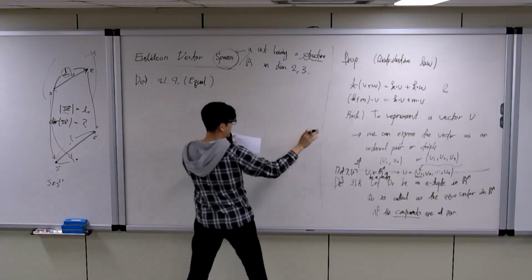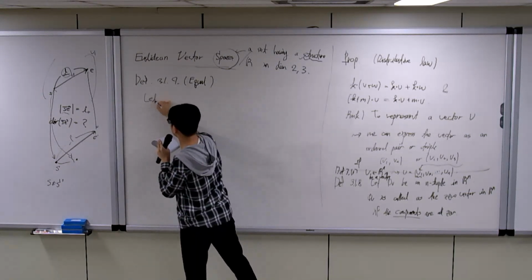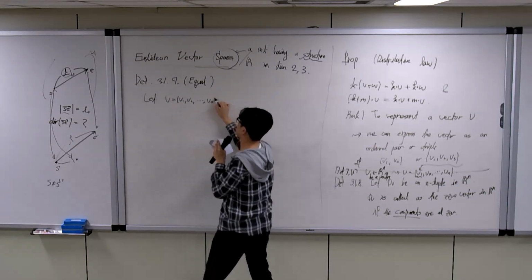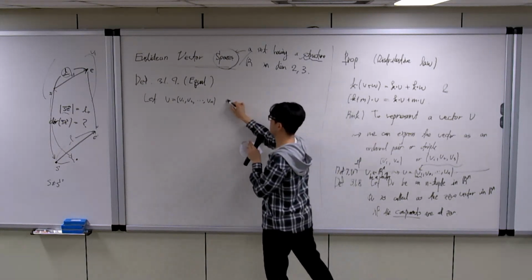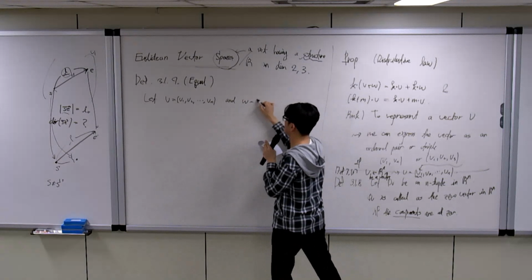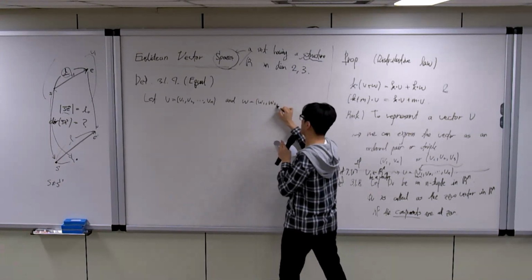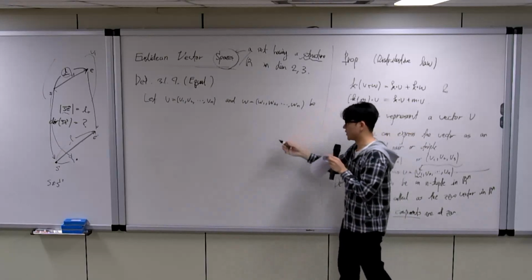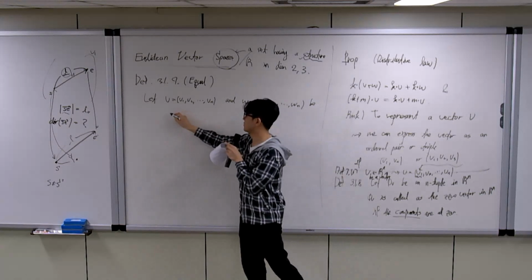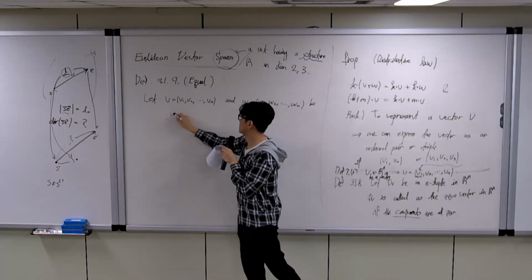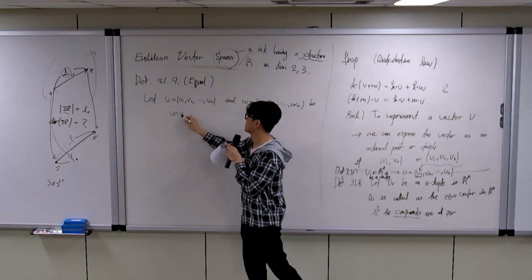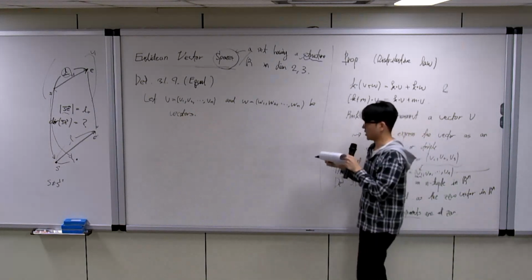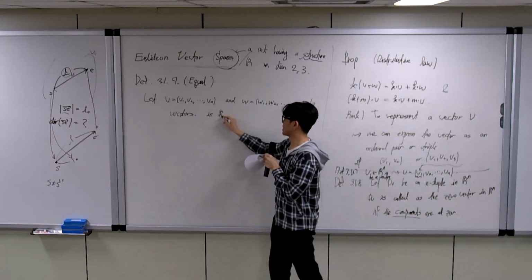So I will use V and W notation. Let V be a sequence of n real numbers, and W is also a sequence of n real numbers. That means they are vectors in R to the n.